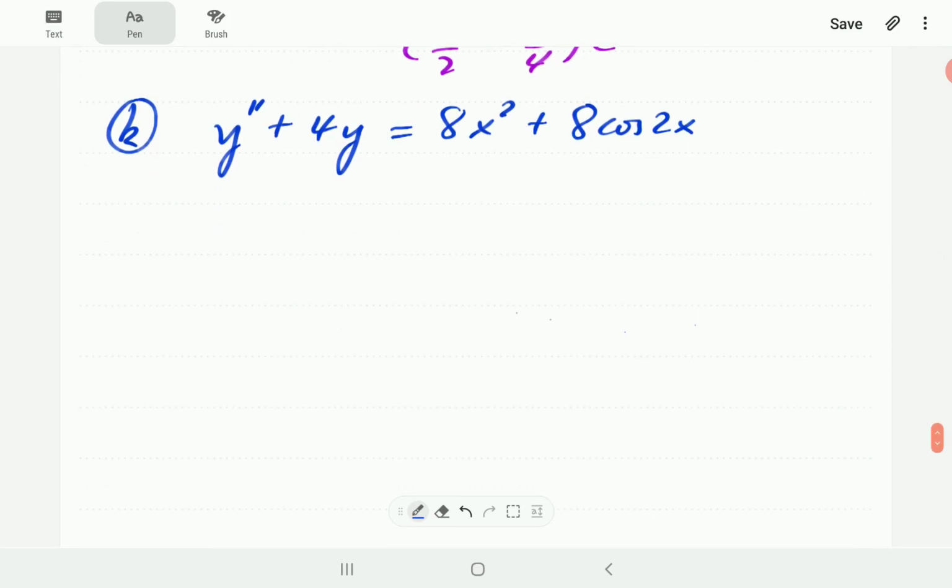The associated homogeneous problem is y double prime plus 4y equal to 0.